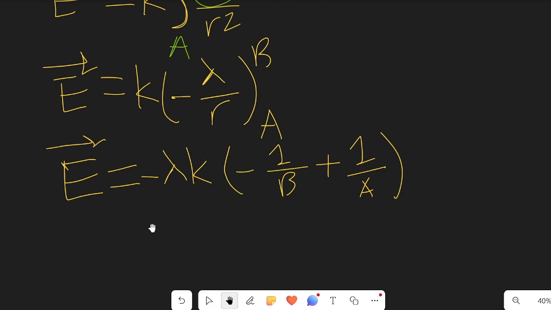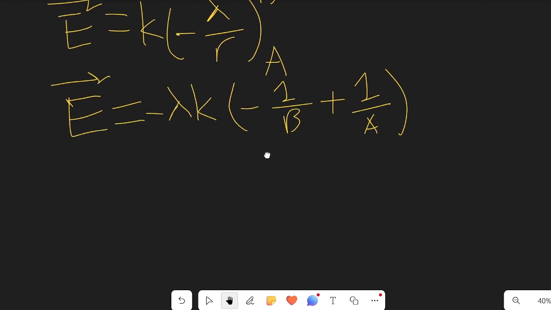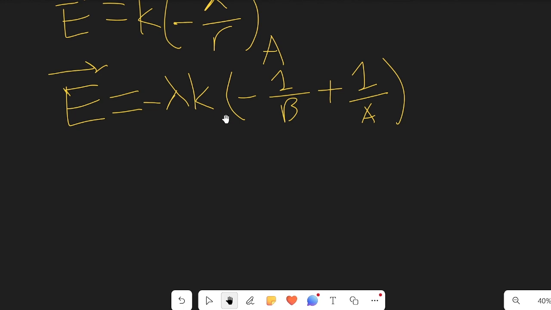We've introduced so many random variables like linear charge density, A, and B, none of which were in the original problem. So we have to actually solve for each one of these variables.